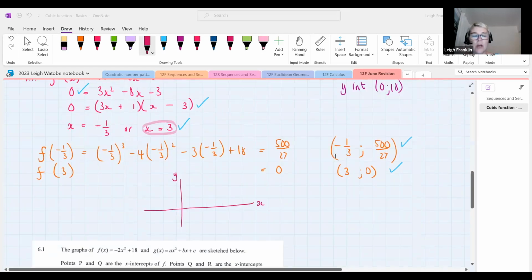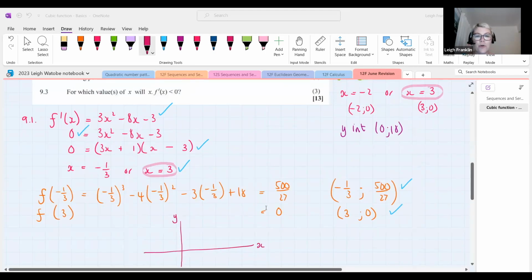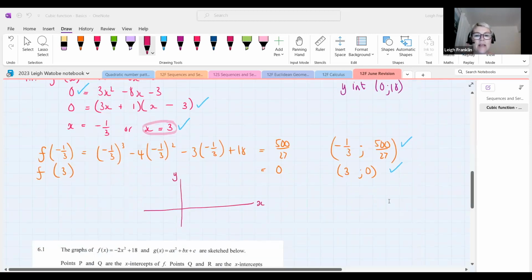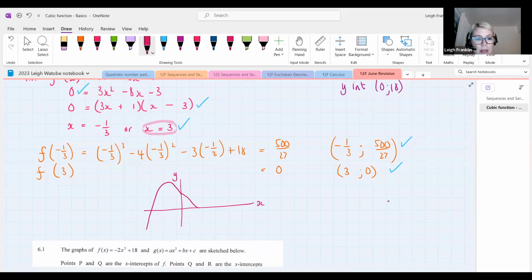Yes, absolutely. We know that 3 is an x-intercept, and we know that -2 is an x-intercept. Where is the first turning point? The first turning point at -1/3 and 500/27 is in the second quadrant. It has to have a turning point in the second quadrant, a positive y-intercept, and then it touches the x-axis at 3 and goes back up again.